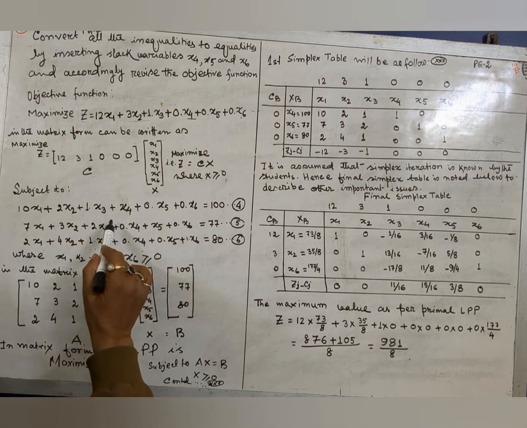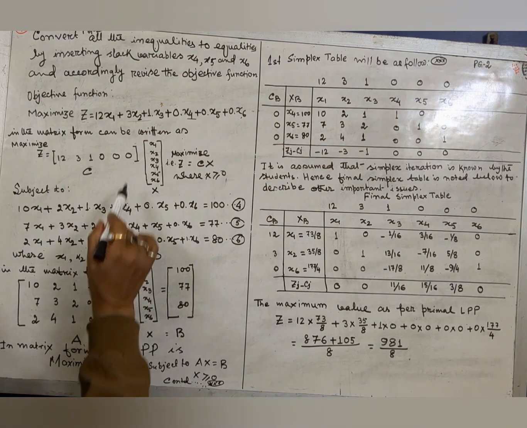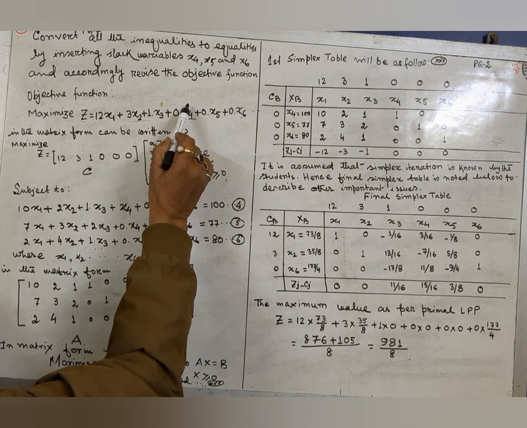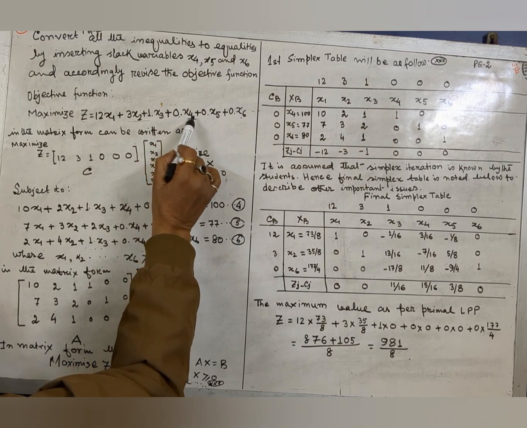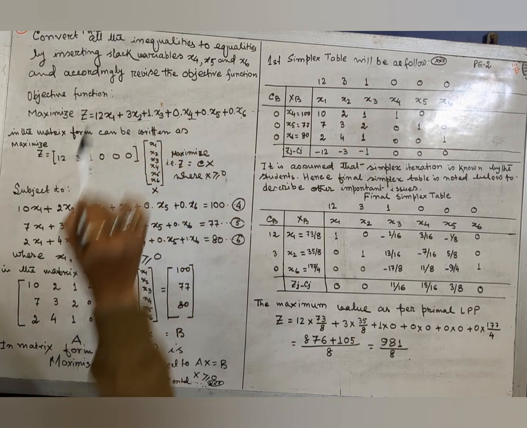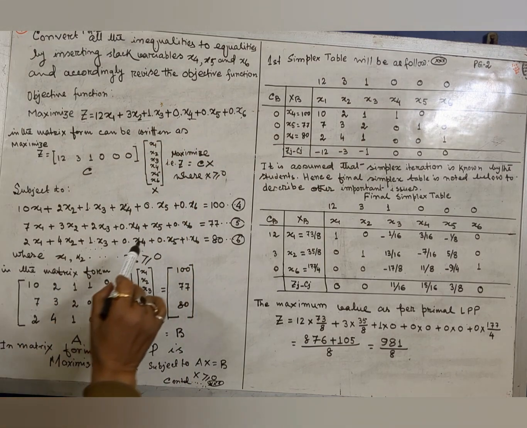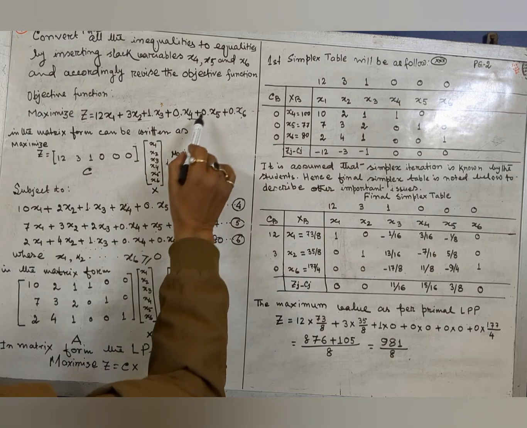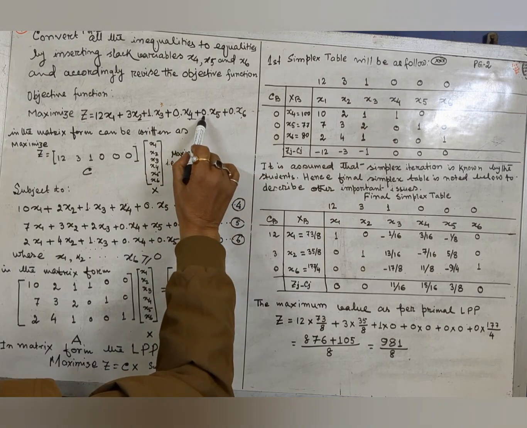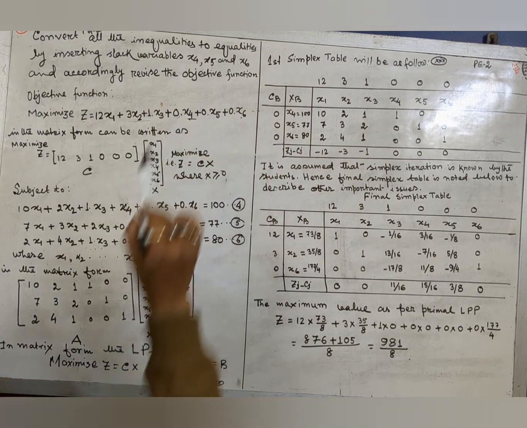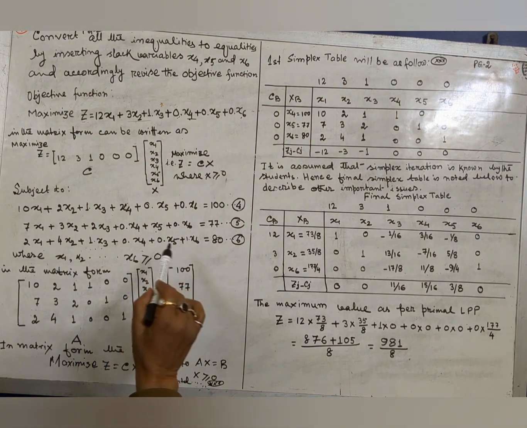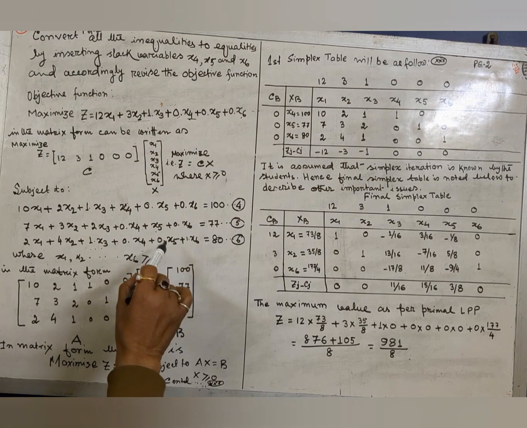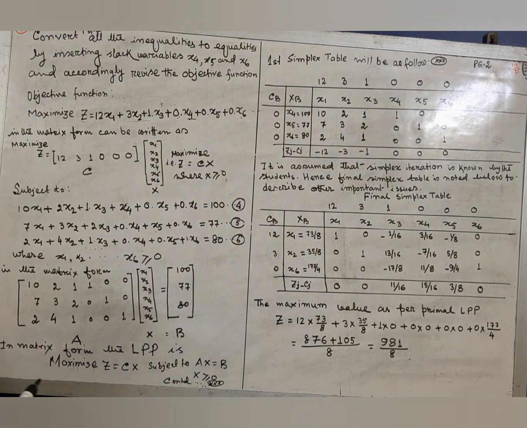So this is unutilized resources, and for that reason the coefficient added to these slack variables in the objective function is 0. Similarly, for x5 and x6 the coefficient is written as 0, as x5 and x6 are also slack variables which have no contribution to the objective function.